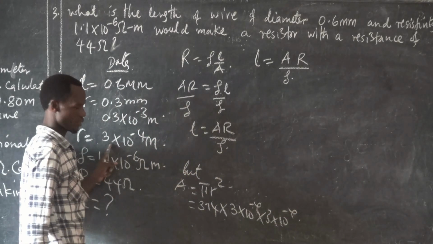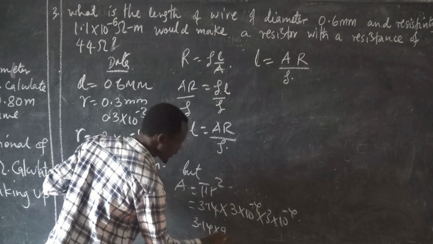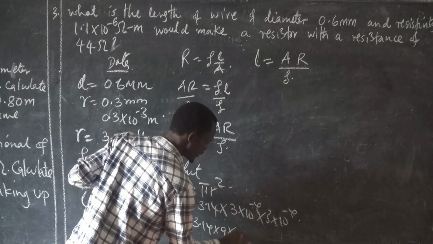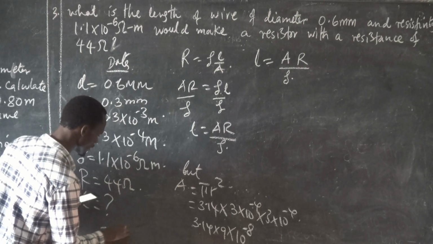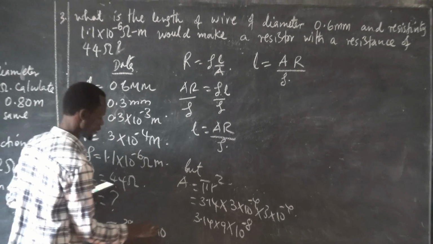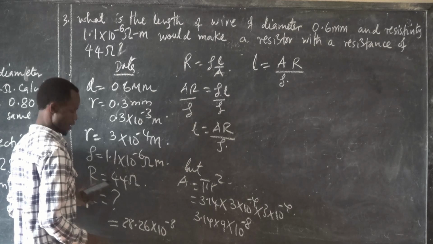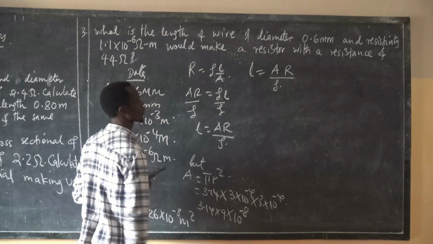Collecting the terms, this will be 3.14 times 3 times 3, 9, times 10 power negative 8, which is equal to 28.260 times 10 power negative 8. This is meter squared.